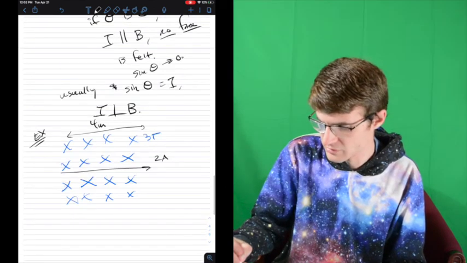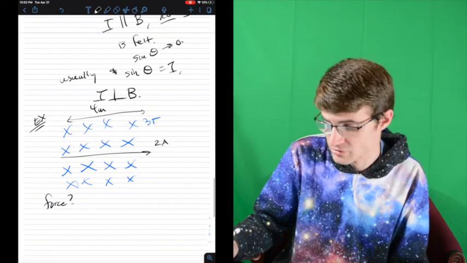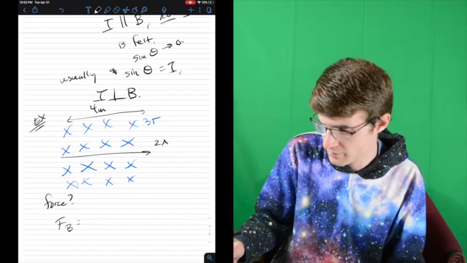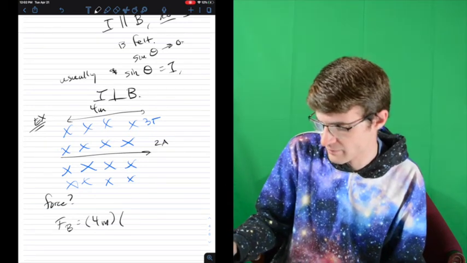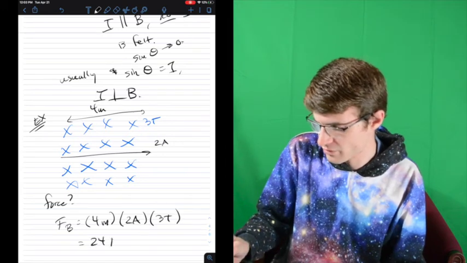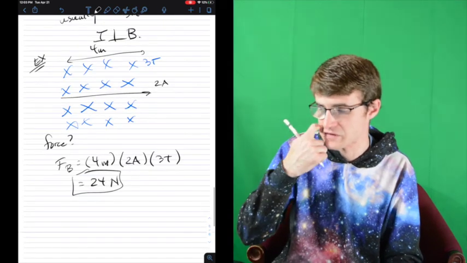And the question is, what is the force? I assume they're asking for both the magnitude and the direction. So the magnitude's easy enough to get. FB is equal to LIB: the length of the wire, 4 meters, times the amount of current, 2 amps, times the strength of the magnetic field, 3 Tesla, that's 24 newtons. Bam! We've got the strength of the force felt.